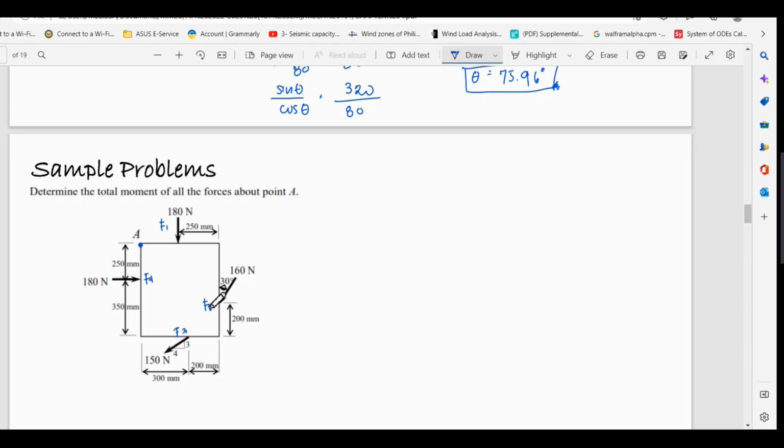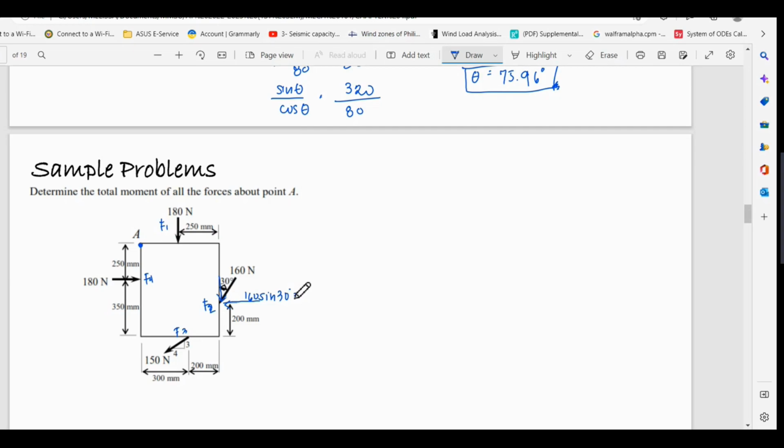So for F2, kailangan nating hanapin yung equivalent component or force components of our F2. So this one, what is this one? We have 160 sine of 30 degrees. 30 degrees dito. So hinahanap natin yung x component. Therefore, we have 160 sine of 30 degrees.